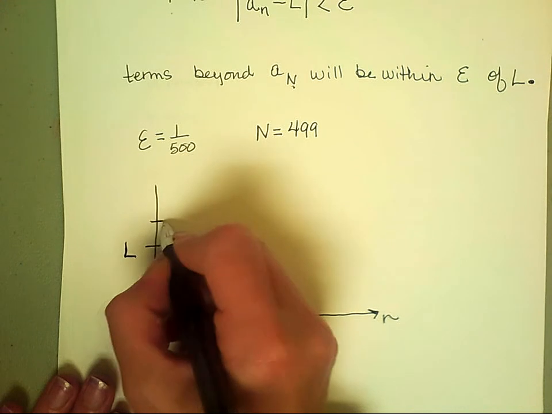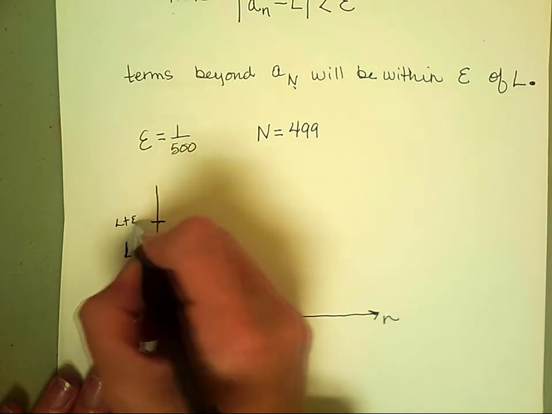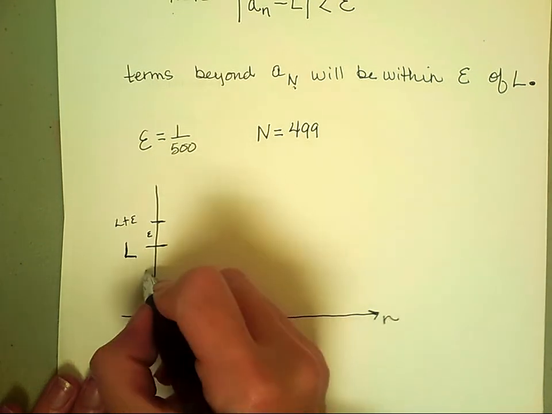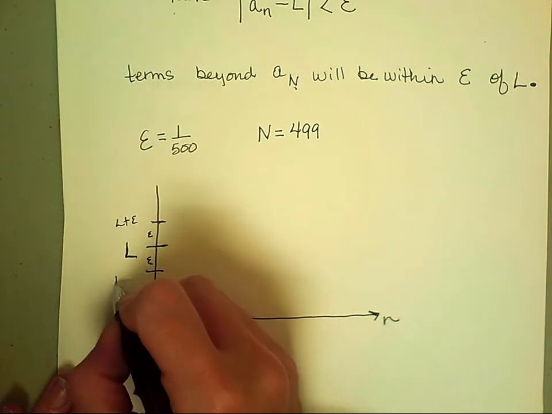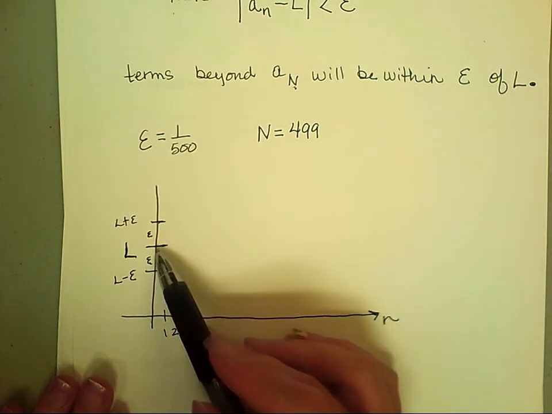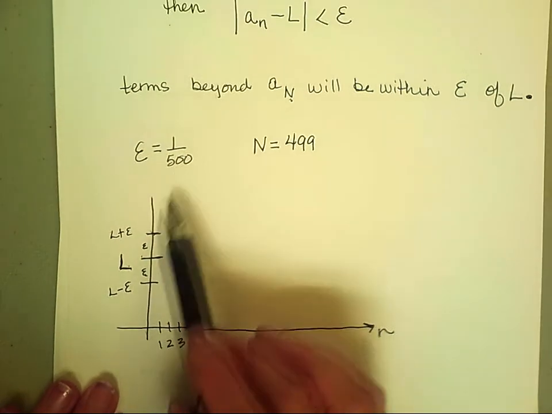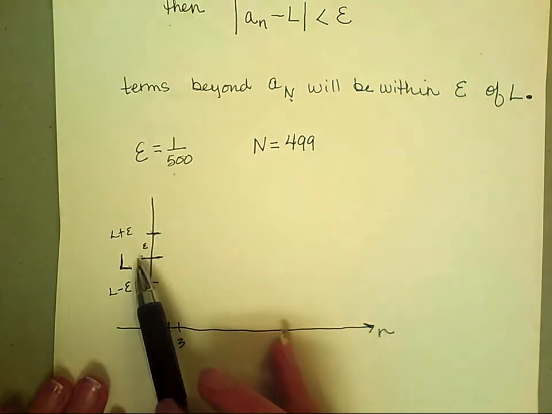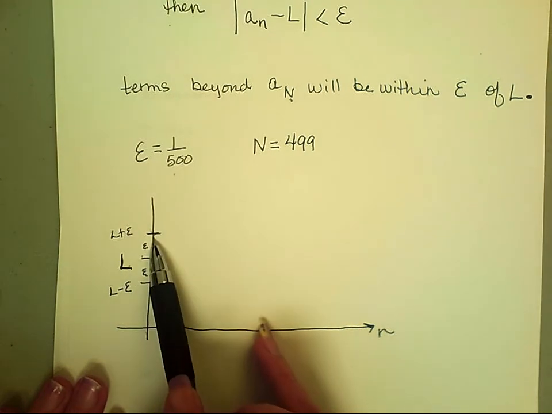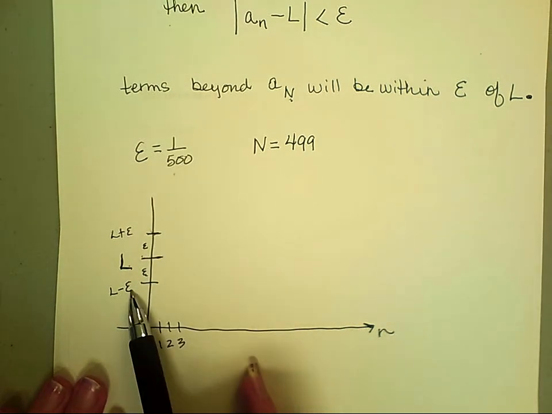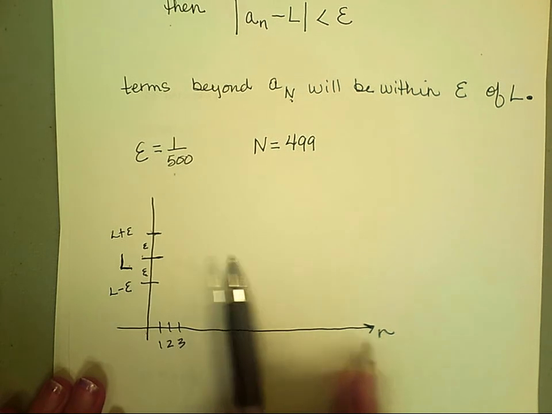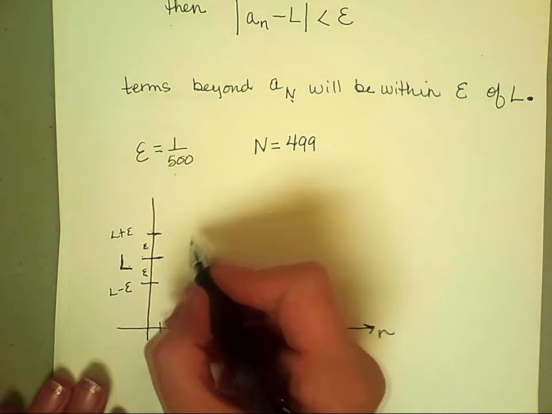Now I can go some distance above this to L plus epsilon, and below it as well, L minus epsilon. In our case, our limit was 1, so this is 1 plus 1 over 500, and this is 1 minus 1 over 500, and here's 1.